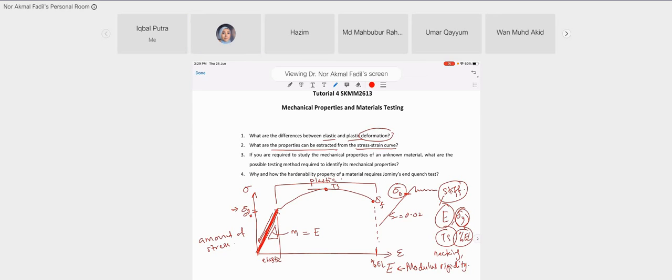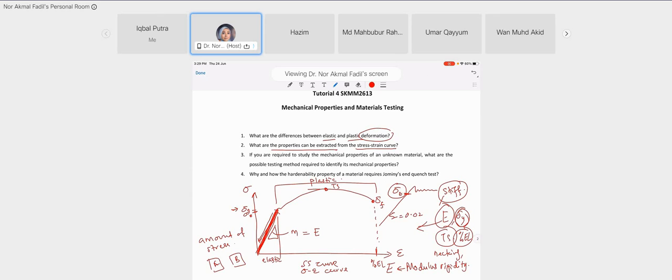If you want to sell a product with two materials, A and B, how does the amount of stress play a role in selling your product? If it is stiff, you can mention the E value from the stress strain curve, sometimes called the SS curve.